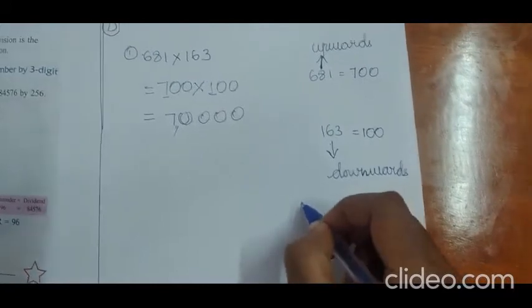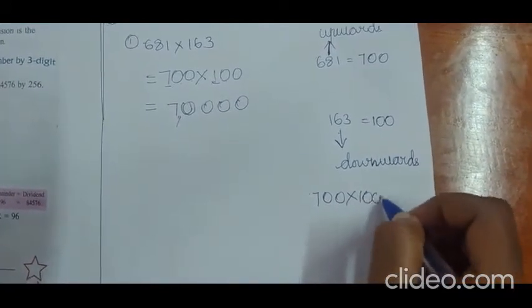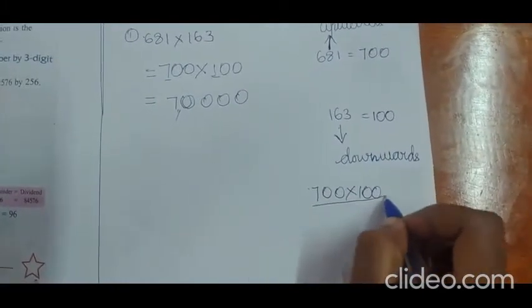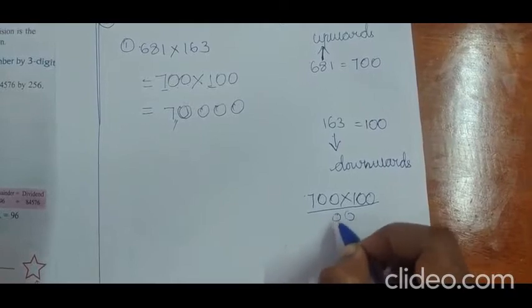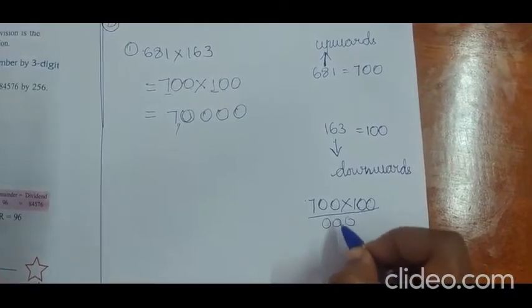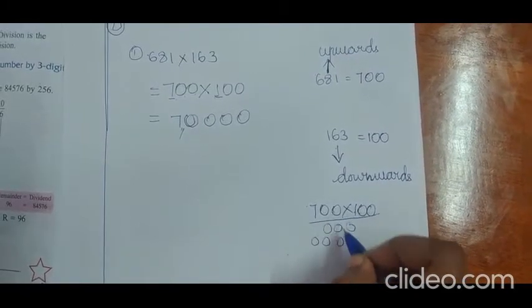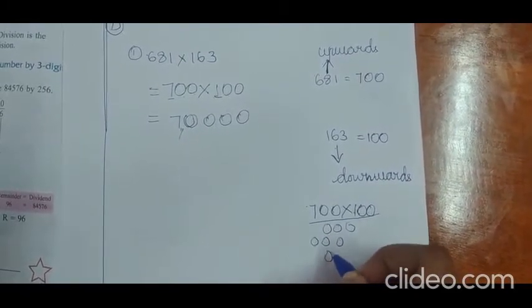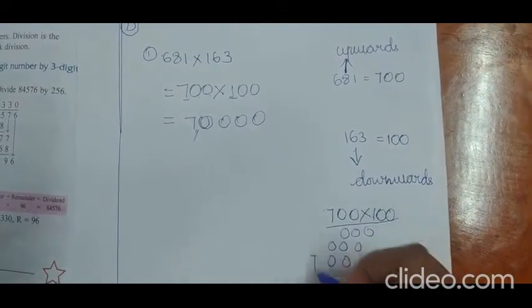Even you can check whether it is correct or not. 700 into 100. Multiply now with 0, 0, 0, 0. Next number 0, 0. And with 1, 1 into 0, 0, 1 into 0, 0, 1 into 7, 7.